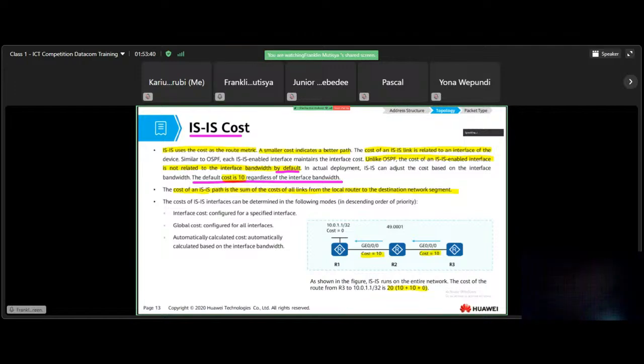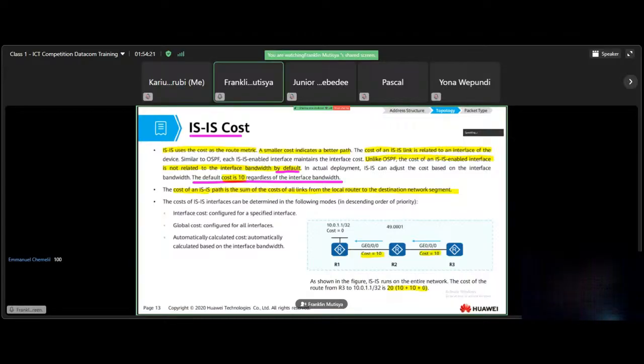Before we get there, what is the default reference bandwidth for OSPF? Anyone? This one might be one of those lunch questions. What is the default bandwidth reference for OSPF?